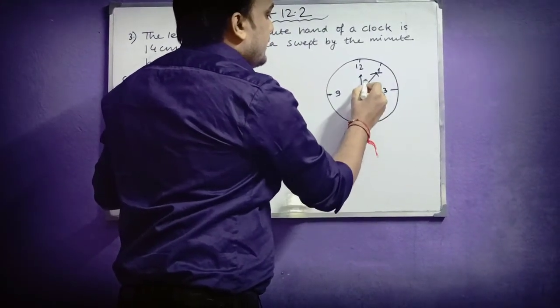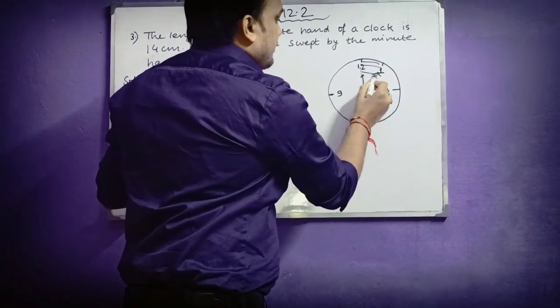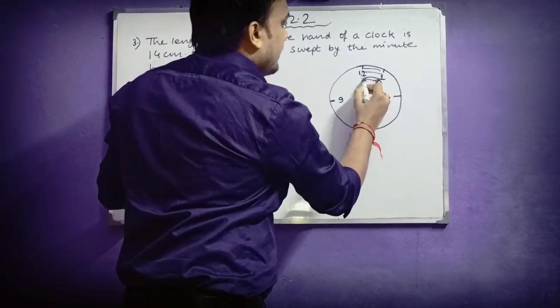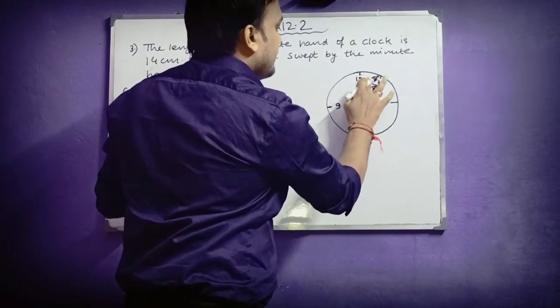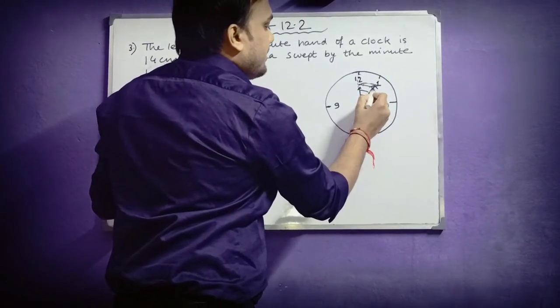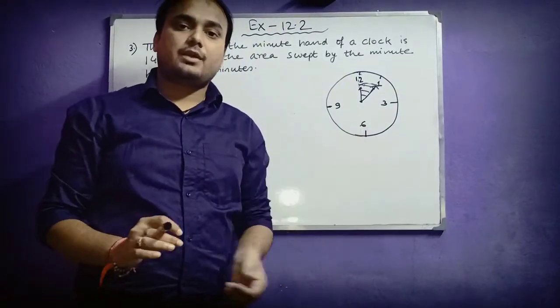So we need to find the area covered by the minute hand from 12 to 1. That is, by covering the 5 minutes, how much area will it cover?